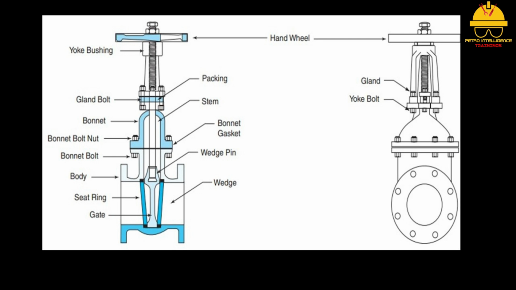The body is the largest part of the valve. The body can be connected to the process piping in three ways: flanges, threaded connections, or welding. The rest of the valve is attached to the body. The seating area consists of two fixed surfaces or rings inside the body of the valve that the gate closes against to stop flow.